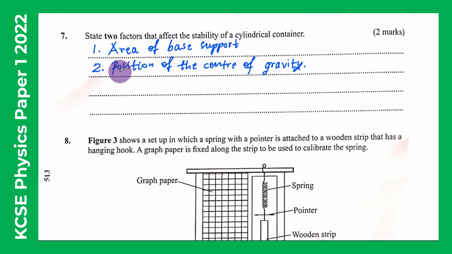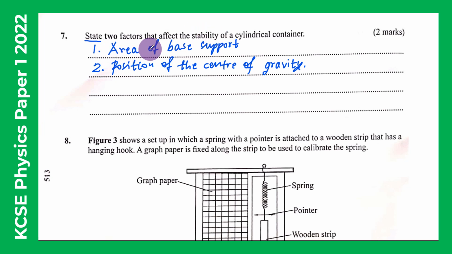Let's go to question number 6. State 2 factors that affect the stability of a cylindrical container. Now here we have just been asked to state, not to explain. So one of the factors which affects the stability of solids is the area of the base support, the area of contact between that solid and the support is what determines its stability.